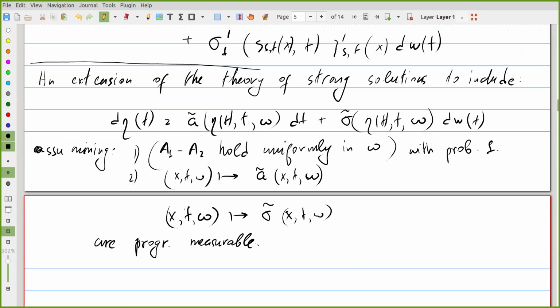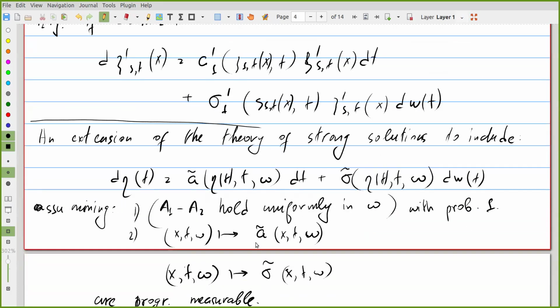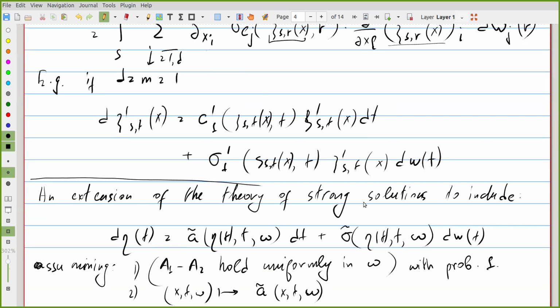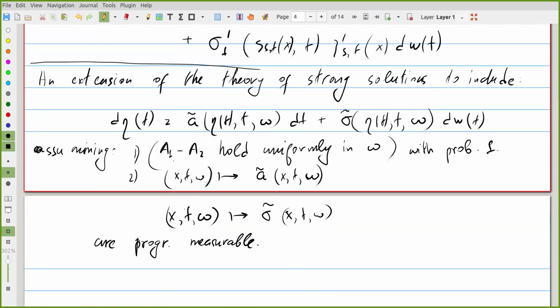Now, if you look at the situation, and you think about the existence and uniqueness theorems and their proofs, you will see that you can actually repeat all the proofs to cover this situation, because this holds uniformly and this guarantees that all measurability issues can be solved. Obviously, we're not going to do this. Nobody ever does. But you literally can go, and I actually recommend you do this at least once in your life, to go through the proofs and check that this works.